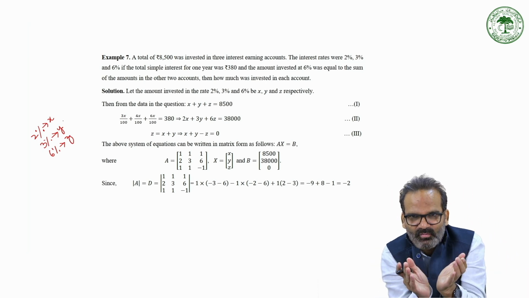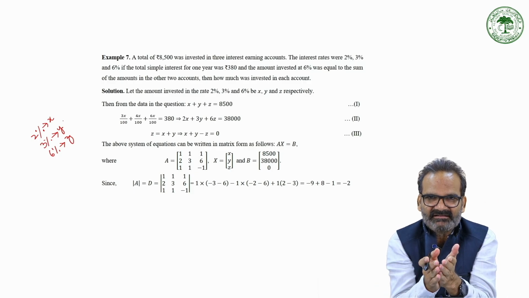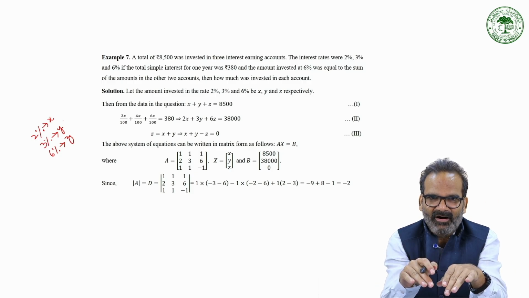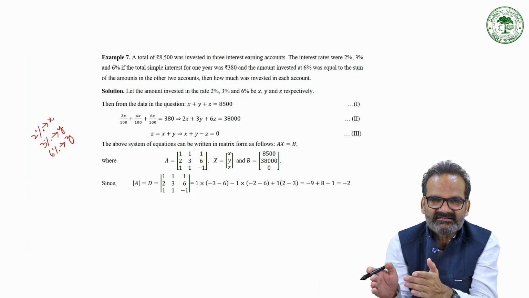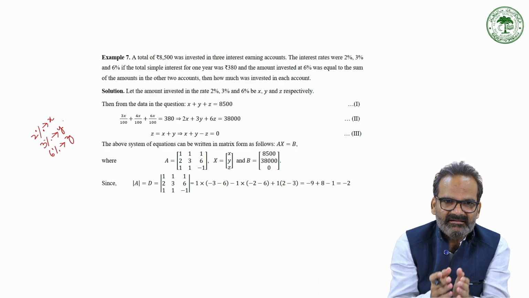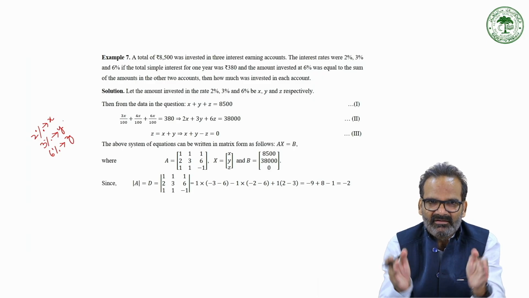So x is the amount invested at 2%, y is the amount invested at 3% interest rate, and z is the amount invested at 6% interest.